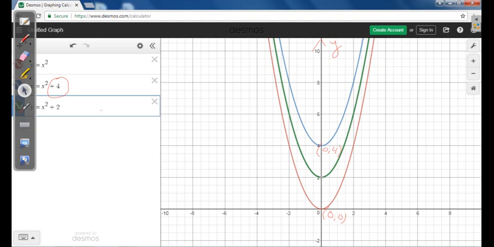Now, the next one is x squared minus 1. What do you expect to happen? It won't cause a reflection, because what causes a reflection is a minus in front of the x squared. If I had y equals minus x squared, then that causes a reflection.